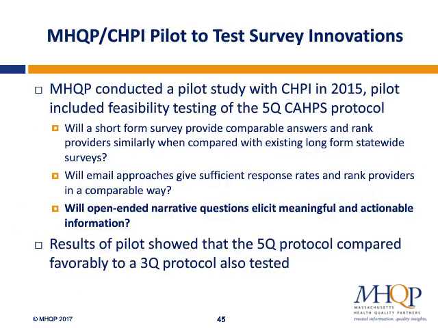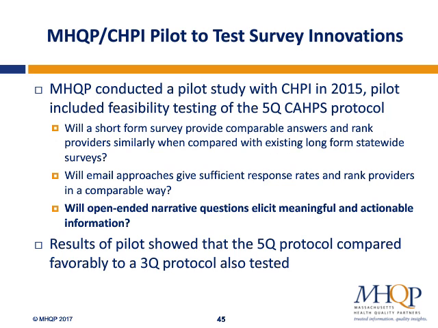Mark mentioned the pilot that was done in Massachusetts and California. This was actually MHQP and CHIPI, the California Healthcare Performance Information System, and we conducted a pilot study. Following this national meeting, the idea was that we need to improve existing data collection methods and improve value and reduce cost in capturing this data.